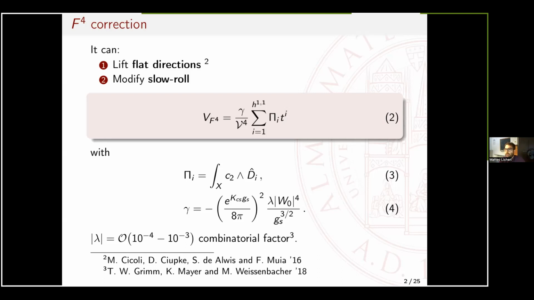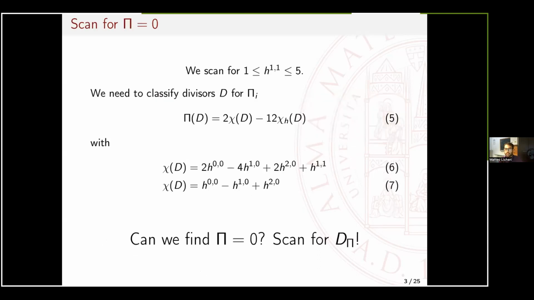And there is a combination of the periods Pi that are basically topological data from the second Chern class, the divisors, the dual of the divisors, times the 2-cycles. So we want to understand these Pi's, and we performed a scan over odd number h11 from 1 to 5.